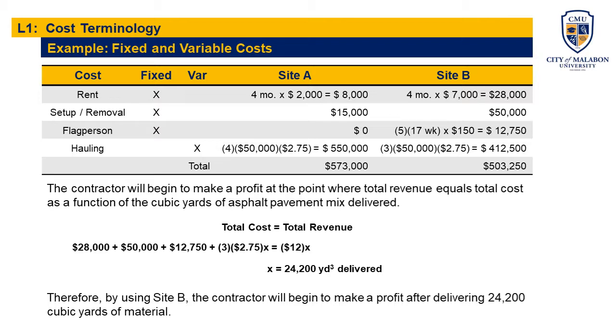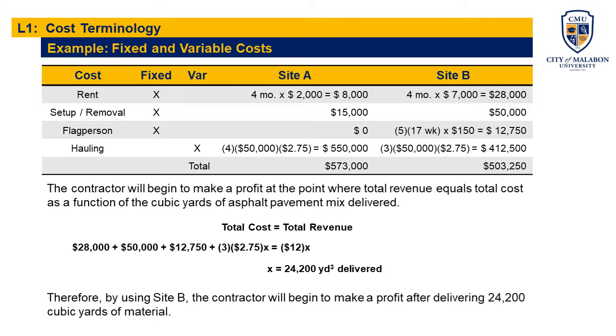It may be overwhelming for the contractor to see that fixed costs for site B are too high compared to site A, while its distance of 3 miles will compensate for the fixed cost compared to the 4 miles of site A.